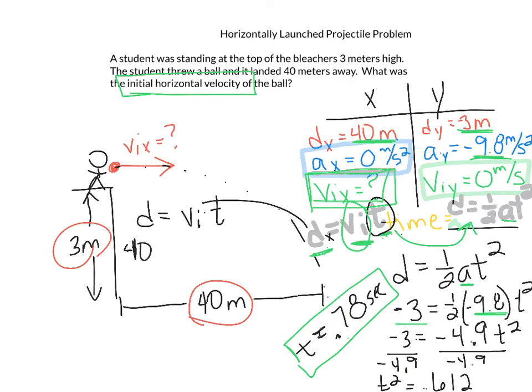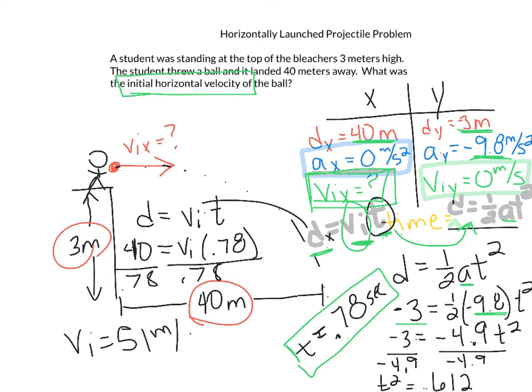It is positive because it's moving to the right, equals my VI, which is what I'm looking for, times my time, which is 0.78. So we're going to divide both sides by 0.78. And we get that VI equals 51 meters per second. That would be your final answer, and you would be done solving this problem.